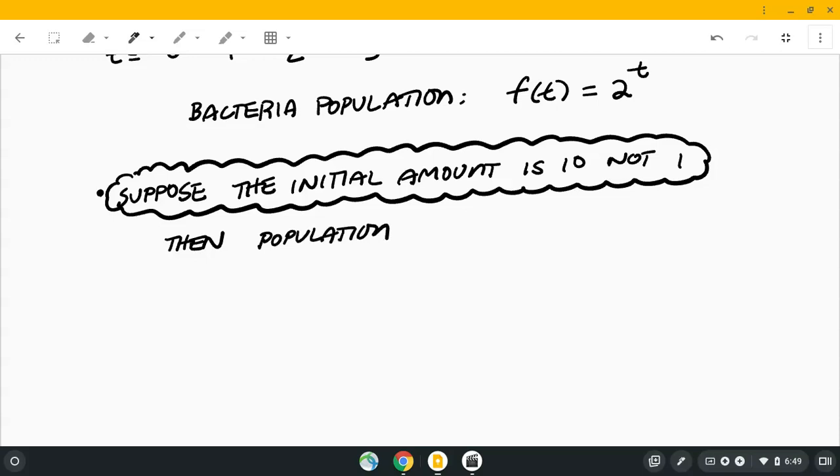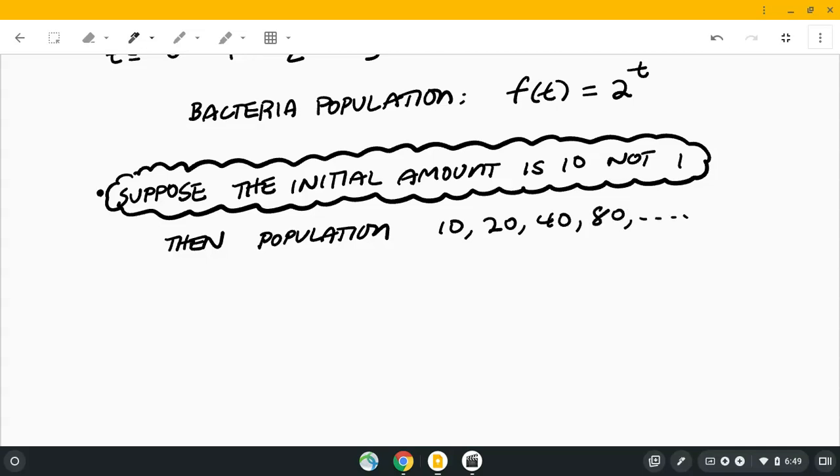Let's suppose we still have the same doubling time, every hour. So the initial amount is 10 and then it doubles every hour, so it becomes 20, then 40, then 80, etc.